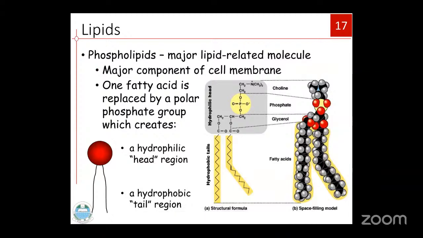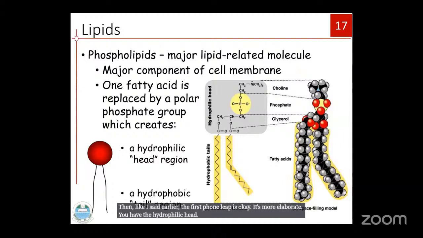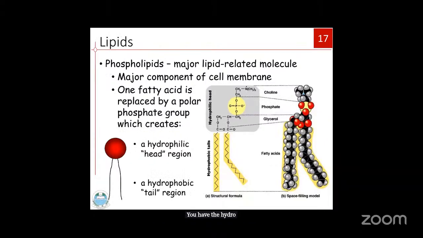Then, like I said earlier, the phospholipids are more elaborate. You have the hydrophilic head, let me illustrate. Here you have the hydrophilic head and the hydrophobic tail that is hidden inward.